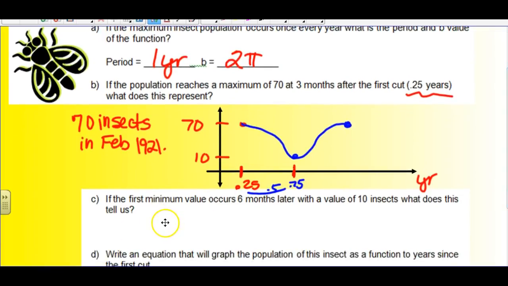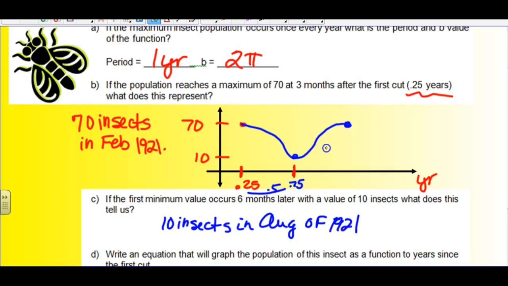So what does this tell us? 10 insects in February plus 6 would be August, maybe? Write an equation. Okay, so are we okay for that part? Okay.